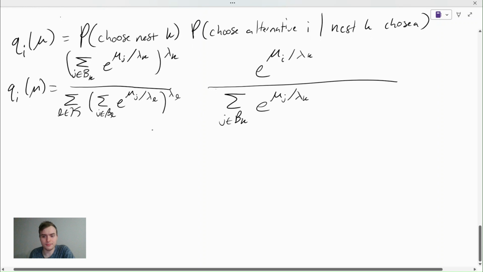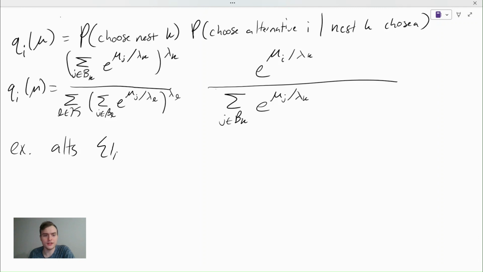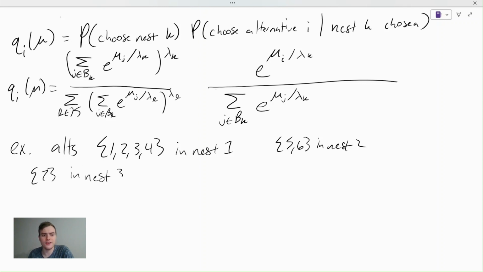And let's do an example with this one before moving on, right? So let's say alternatives 1, 2, 3, 4 in nest 1, 5, 6 in nest 2, and alternative 7 in nest 3.